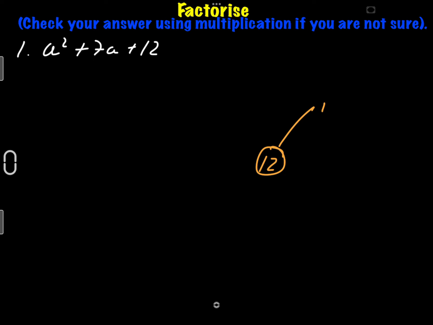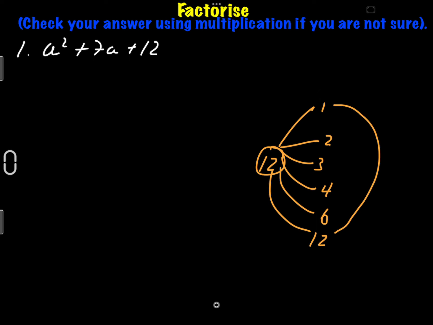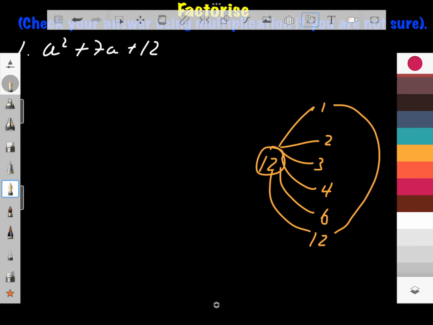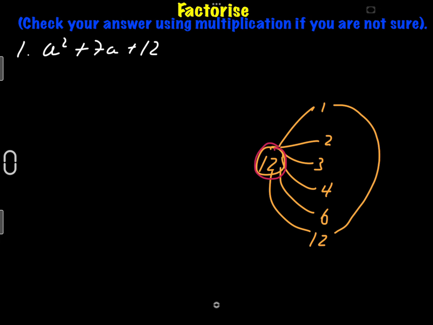We have 1, 2 is a factor, 3 is a factor of 12, 4 is a factor of 12, 6 is a factor of 12, and then lastly 12 is a factor of 12. So just to verify and confirm, multiply those two extreme factors together. They should give you this product here.